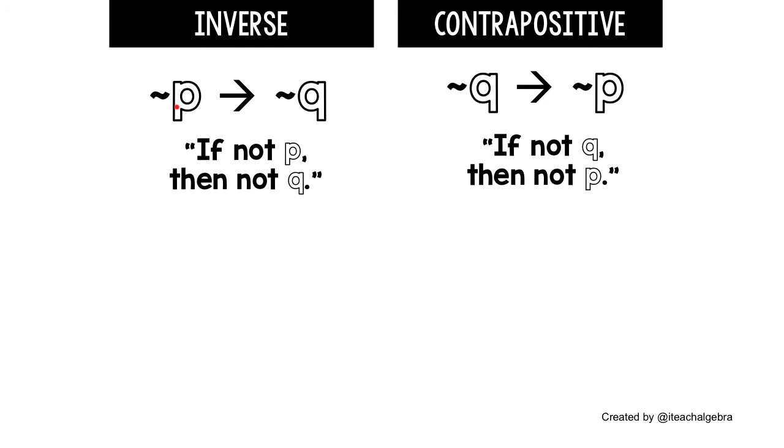So if not P, then not Q. This is the opposite of the hypothesis and the opposite of the conclusion.